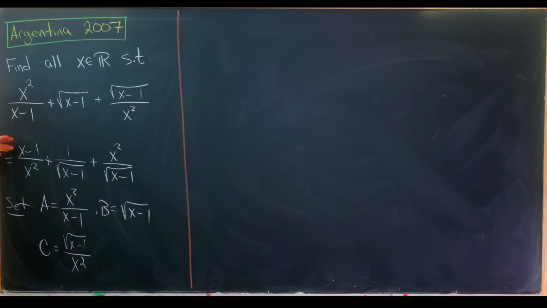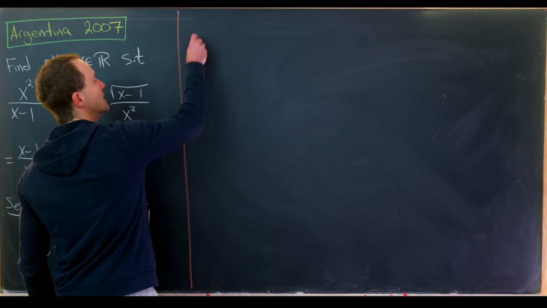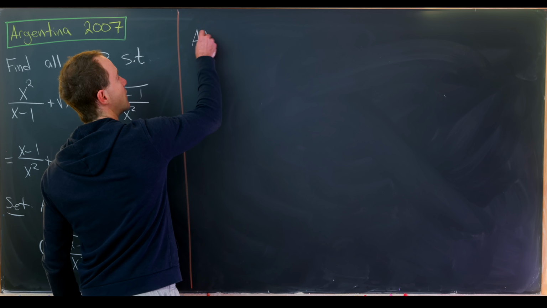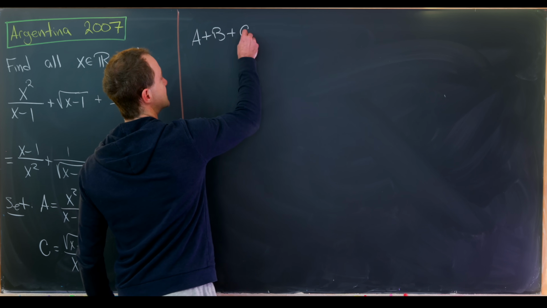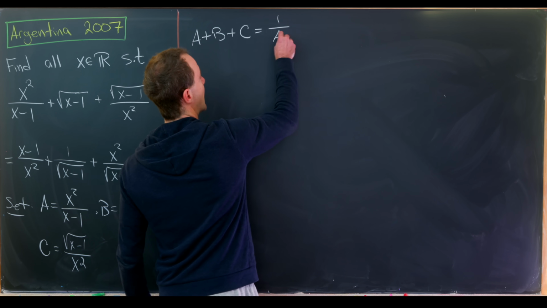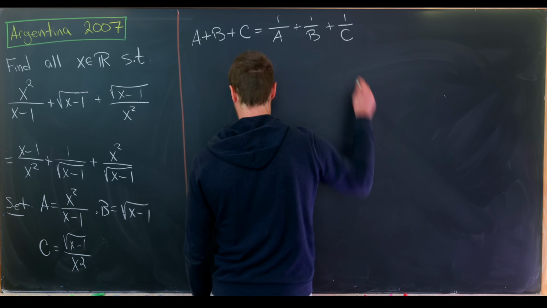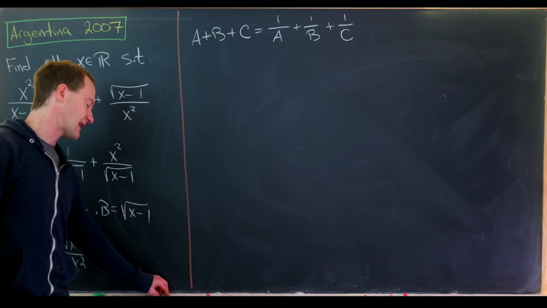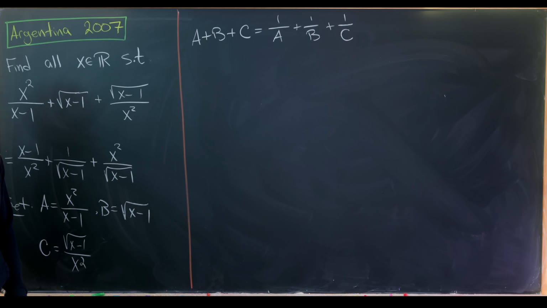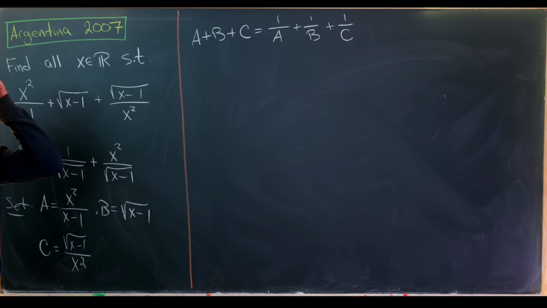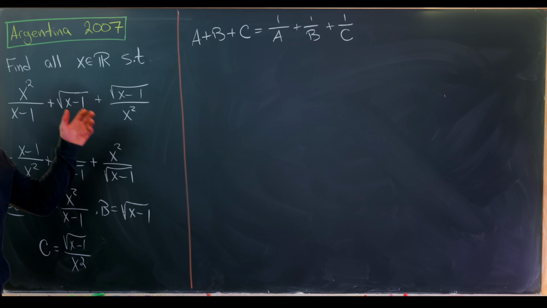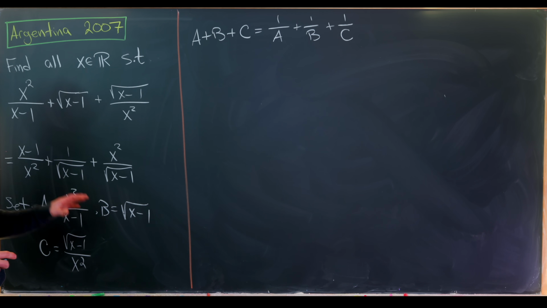And now let's rewrite our equation given this substitution. This leaves us with A plus B plus C equals 1 over A plus 1 over B plus 1 over C. And in fact, this will simplify a bit more, but before we do that remaining simplification, let's maybe pretend that we haven't noticed what's coming down the line.